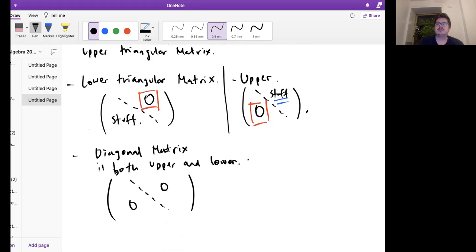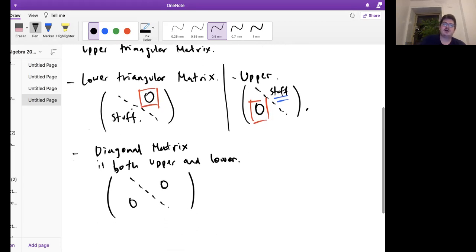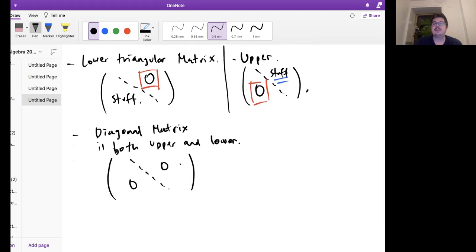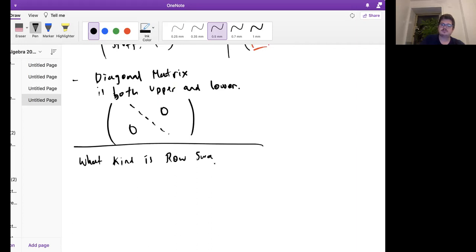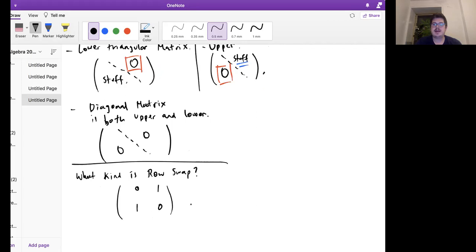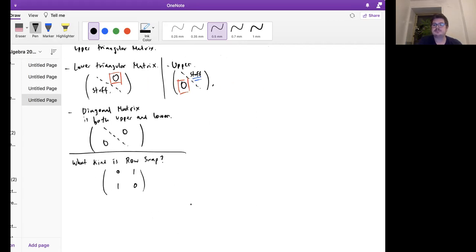Yeah, type 1, that's row swapping. A diagonal matrix is 0 everywhere except for possibly the diagonal. Let's talk about row swapping. What is a row swap? For my 0, 1, 1, 0, is that a triangular matrix?